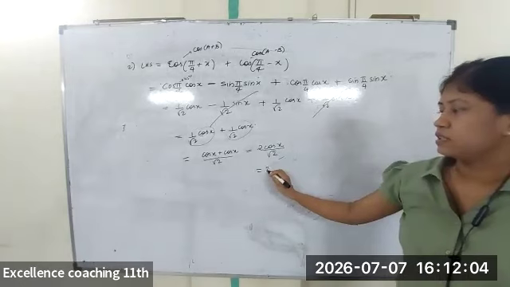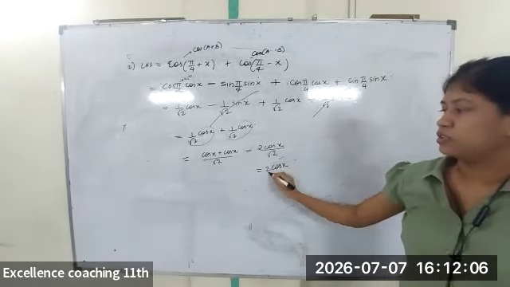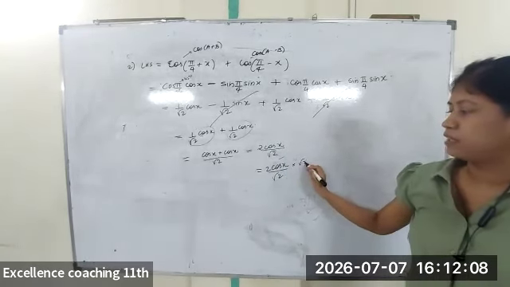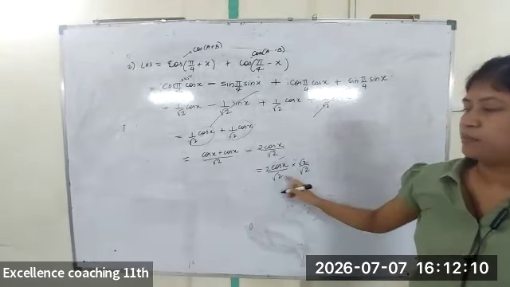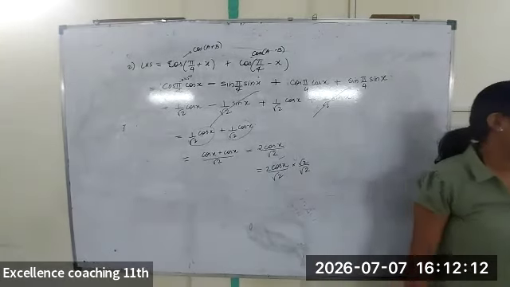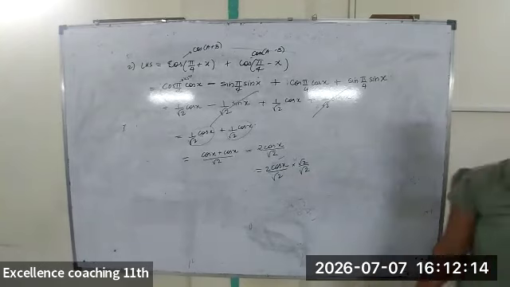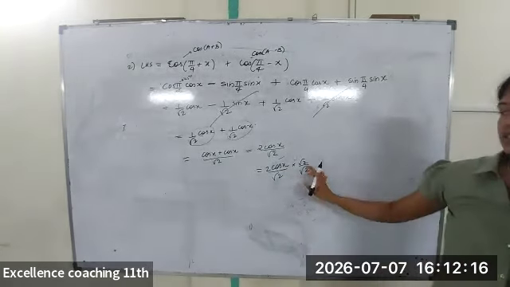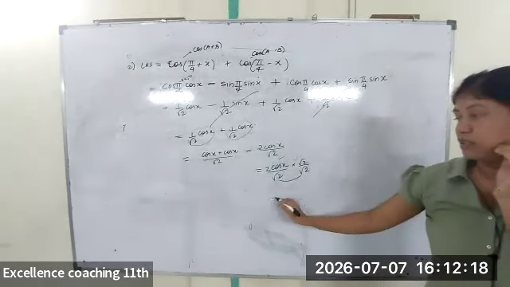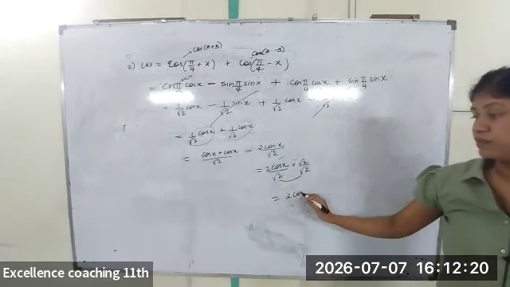Rationalize. You know what is rationalization, no? So multiply numerator and denominator with the same root. Now you should get the answer. So 2 into 2 is how much? Root 2 into root 2 will be?